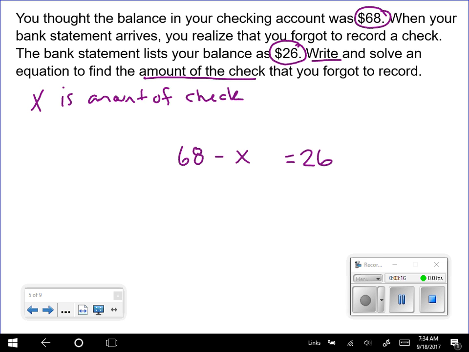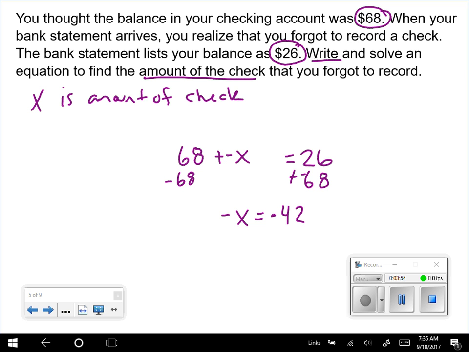Now I just need to solve. I wrote the equation, now I just need to solve it. So I'm going to subtract 68 on both sides to get x alone. I have to remember to bring this with me, which is a challenge for some of you to understand, that subtraction is the same as a negative symbol. Now 26 minus 68. Well, we have different signs, or we could say, if we did keep change, we have different signs, so we're going to subtract. 68 minus 26 would be 42, but it would be a negative 42.